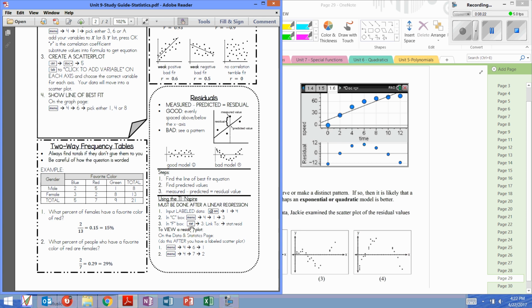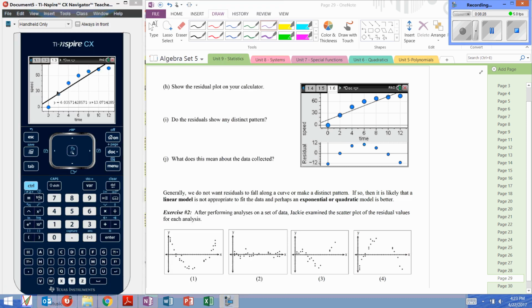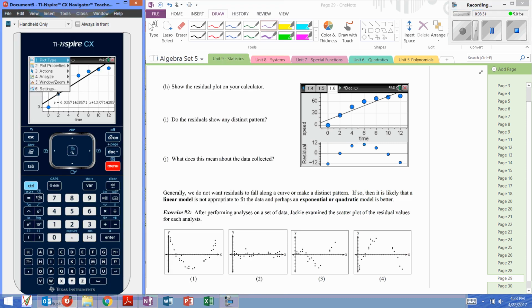So once we have done all of this, we have to go through all of these steps. Okay, so what you're going to do is you'll hit Menu, then Analyze, and let's hit Residuals. And we want to show the residual plot, not the residual squares.